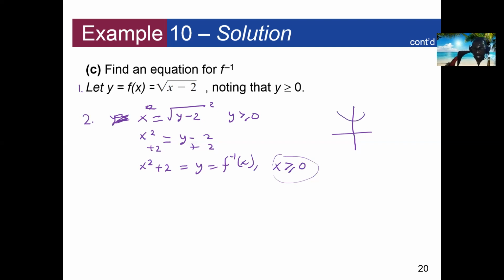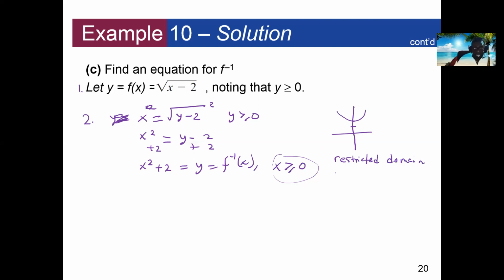This is how it looks like. This is for x squared plus 2, but this does not pass the horizontal line. That's why it is a restricted domain.